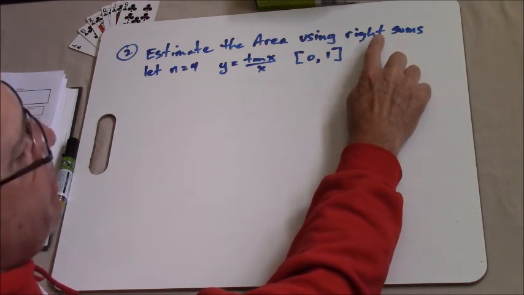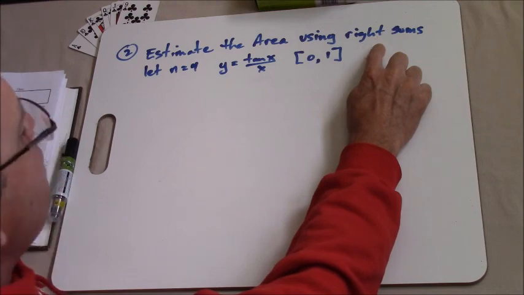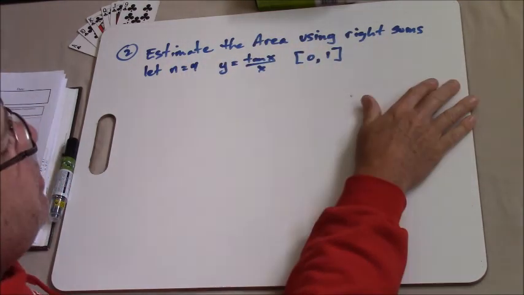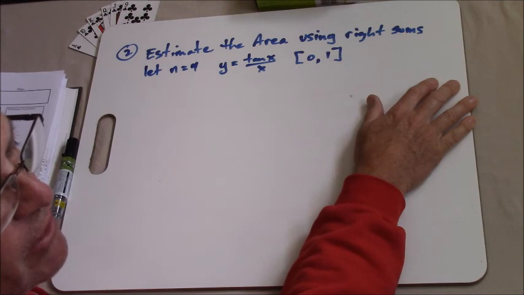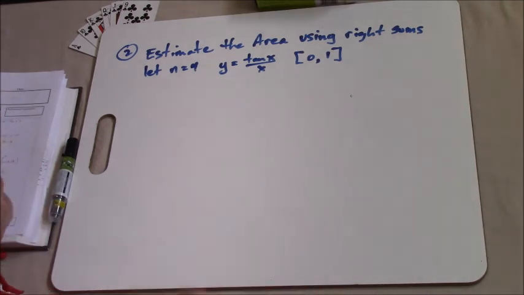We had left sums, right sums, midpoint rule, and trapezoidal rule. Any of those are possibilities for this test. You know they're not going to ask you more than one; there just isn't time to ask multiple questions on the same idea. So we have to be ready for any one of those options. All right, you guys go ahead and try that.